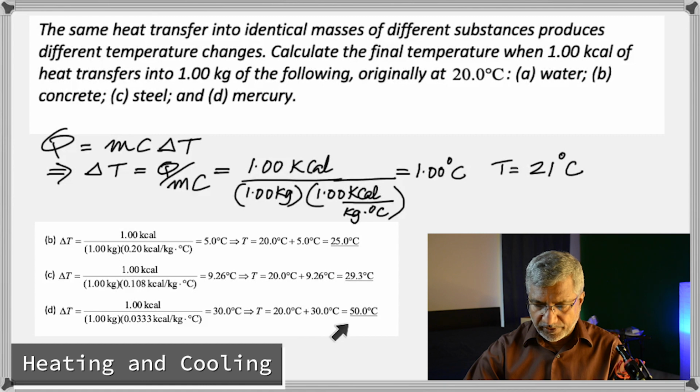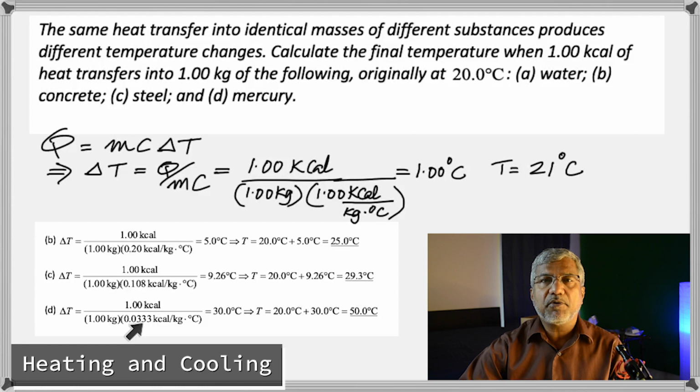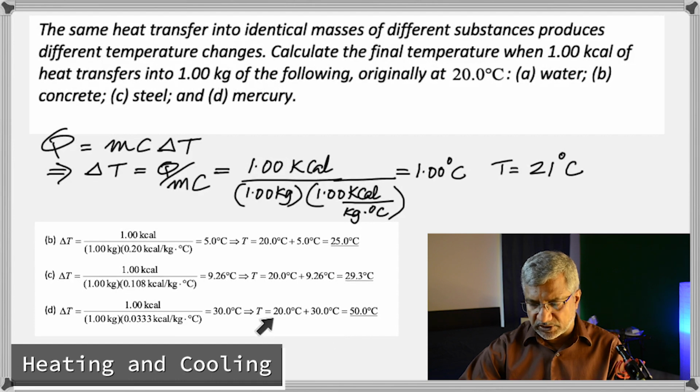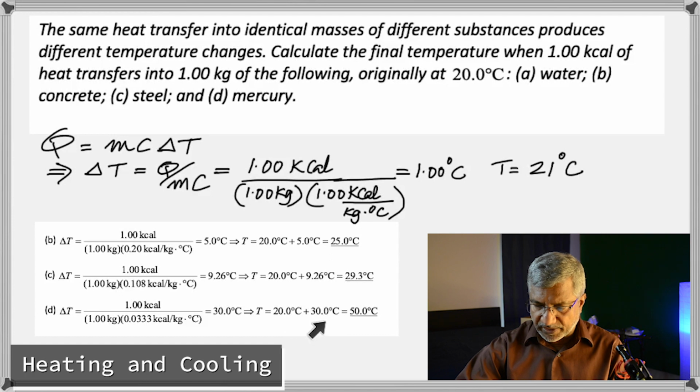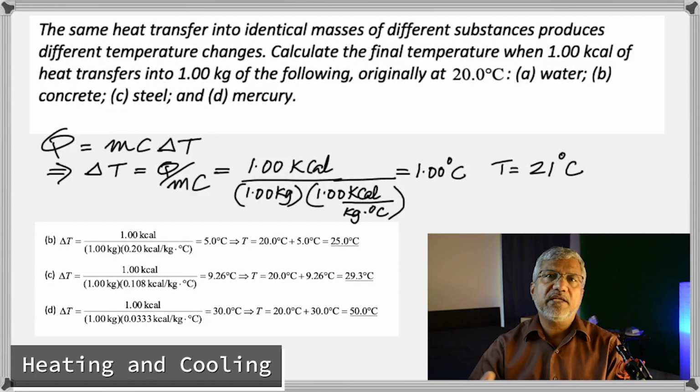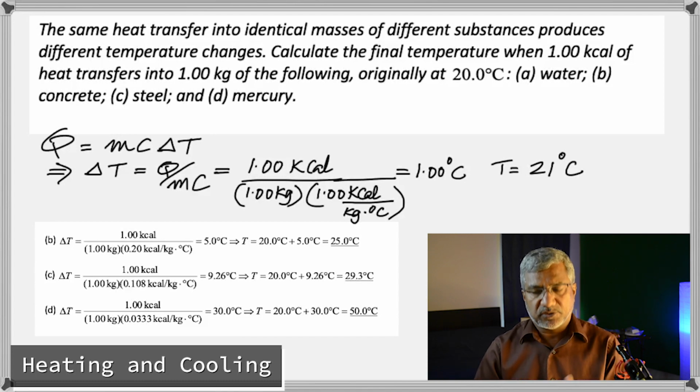Take a look at mercury, which has the smallest specific heat here. It's only 0.0333, and that's why you have the biggest change in temperature. We got 30 as the change in temperature. Remember that: the lower the specific heat, the higher the change in temperature. So that's number 2.